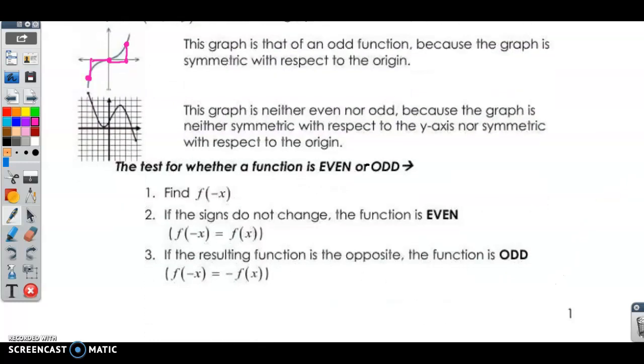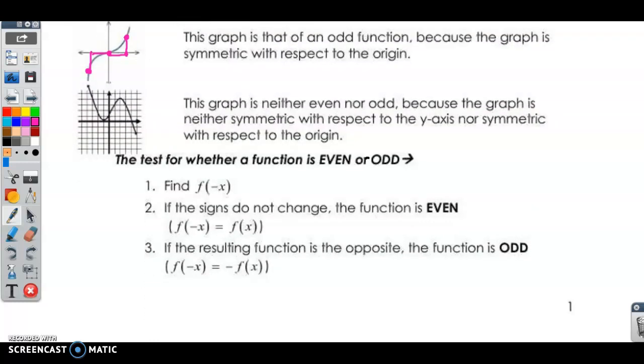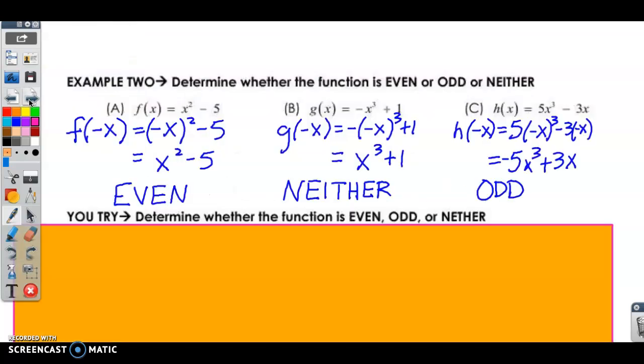So now we're going to do a test and see if functions are even or odd. First you'll find f of -x, and then if that ends up having the same sign as the original function f of x, then the function is even. If the sign ends up being opposite, then it's odd. For the first three examples, you might want to pause and write this down or look at it.